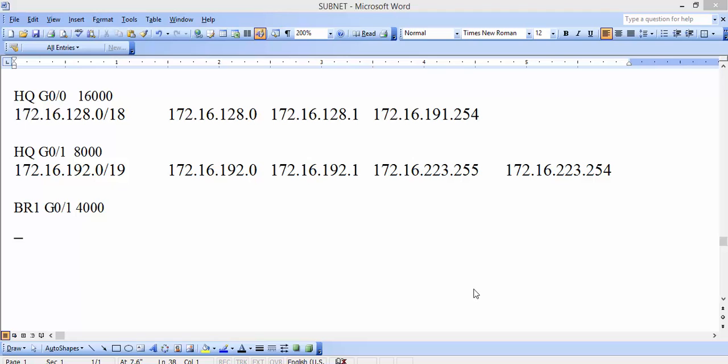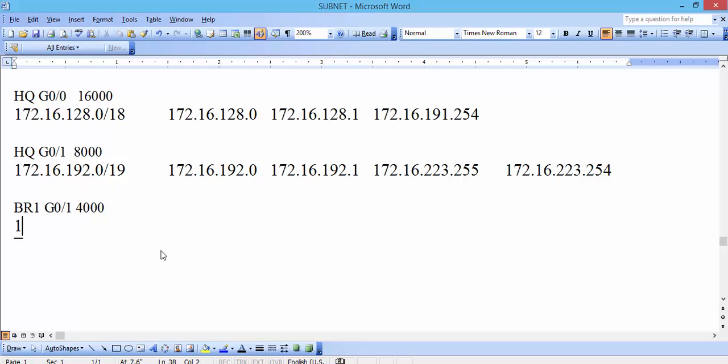The next network is going to be 172.16.224.0, and this is going to be /20 for 4,000 hosts.